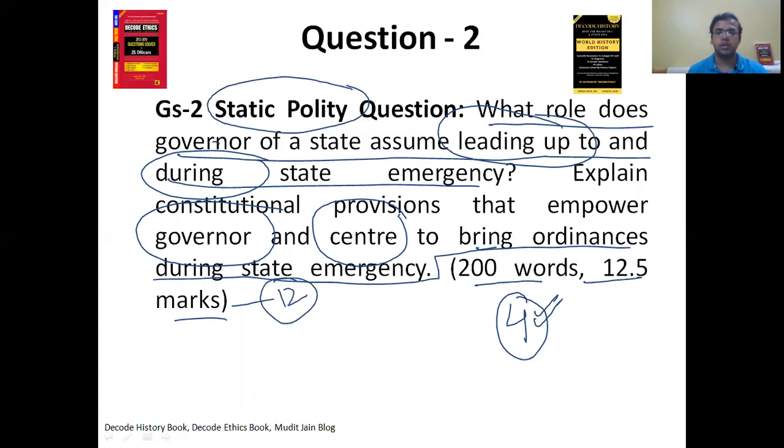You have to learn the art of breaking the question into subparts. Because if you had identified this as one part and this as a second part, then you had only 2 parts.